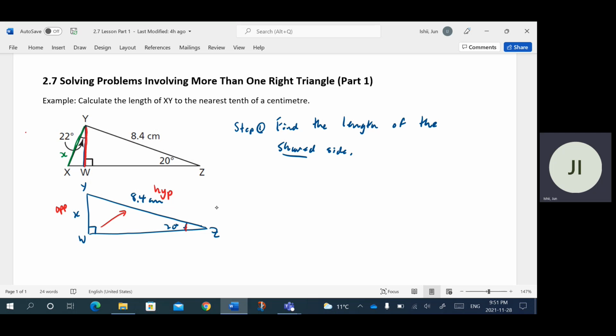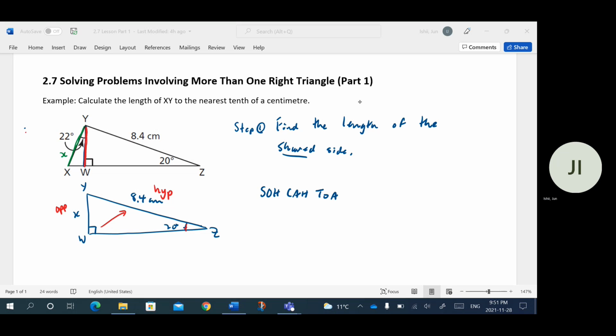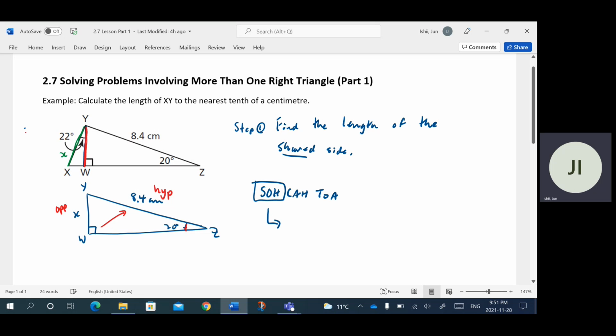Looking at this diagram, from SOHCAHTOA I want to choose the ratio with opposite and hypotenuse, which is the first one here. So if I set up the equation, it's going to be sine of 20 degrees is equal to opposite, which is x, over my hypotenuse, which is 8.4.